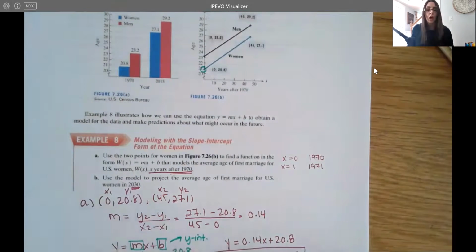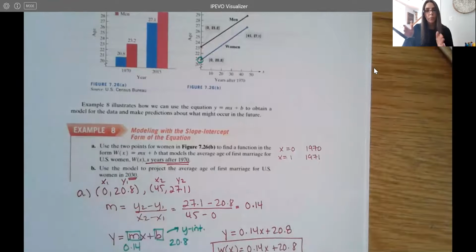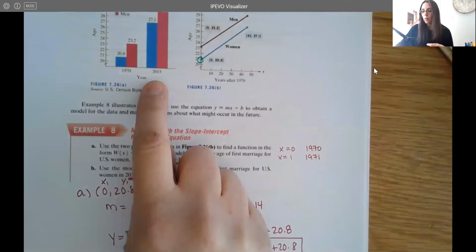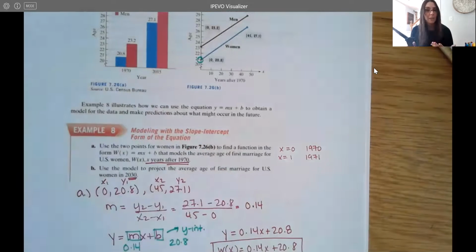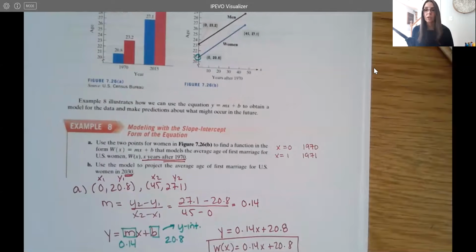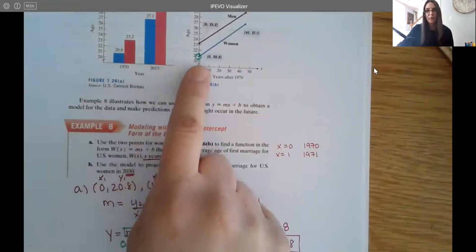So I would be a little bit cautious with our prediction because we're getting pretty far away from our ending data point. Normally we want to make predictions that are pretty close to the end of our data. So predicting something for 2020 seems very reasonable. Predicting something for 2030, I think we can do it, but we should take it with a grain of salt, meaning that understand that this is still 15 years away.